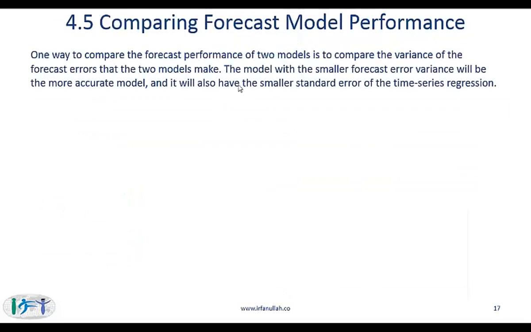Moving on. Comparing forecast model performance. The basic idea is that you have multiple forecast models. Let's say you have a model A and a model B. Which one is better? One way to compare the forecast performance of two models is to compare the variance of the forecast errors that the two models make.